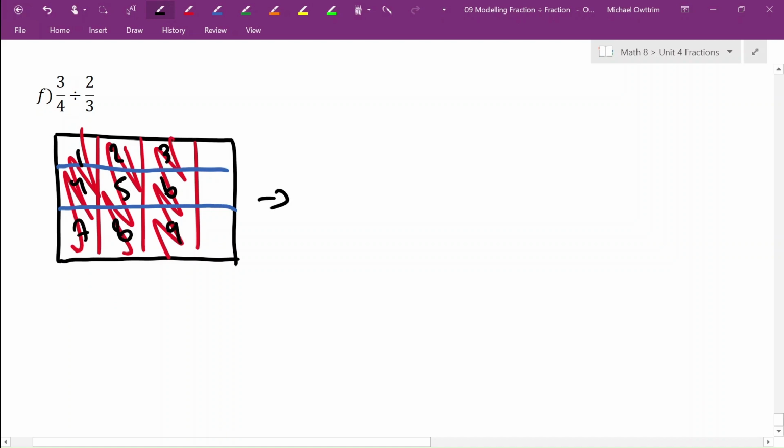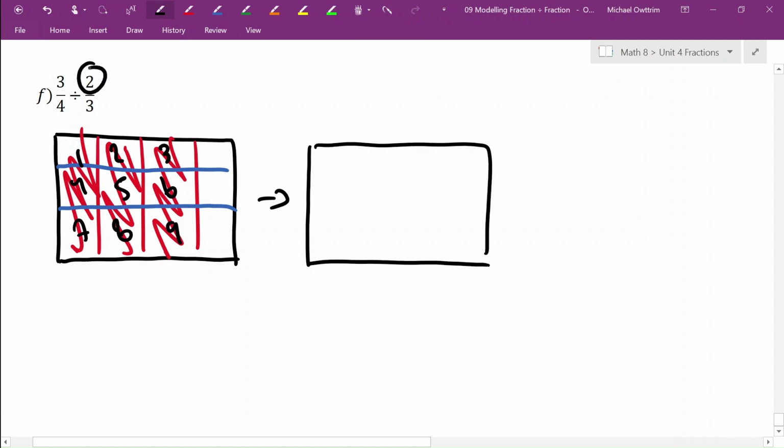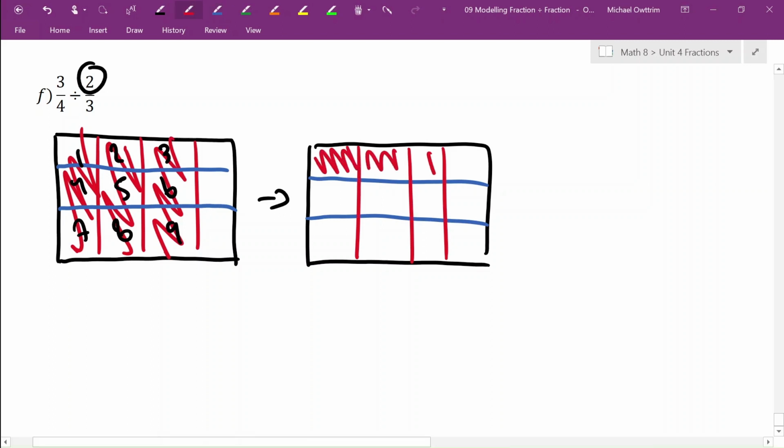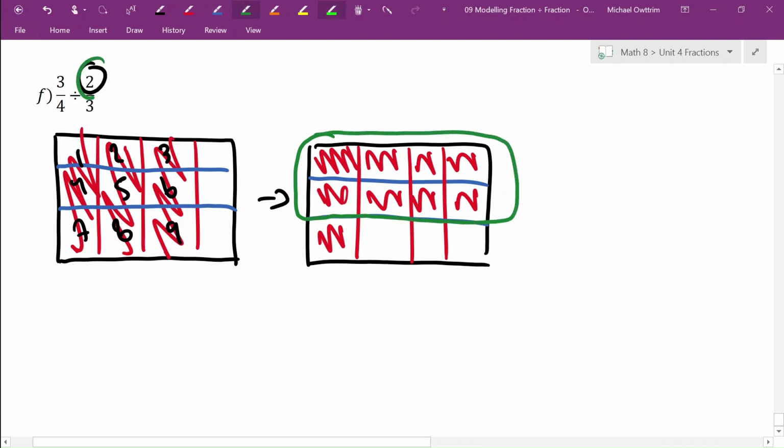We want to sort those 9 pieces into the rows instead, and then every 2 rows will make one full group. So let's go ahead and add our 9 pieces. 1, 2, 3, 4, 5, 6, 7, 8, 9. Now we have 2 full rows here, so that can be one group.